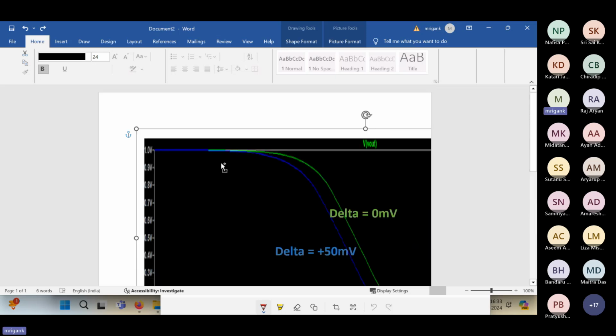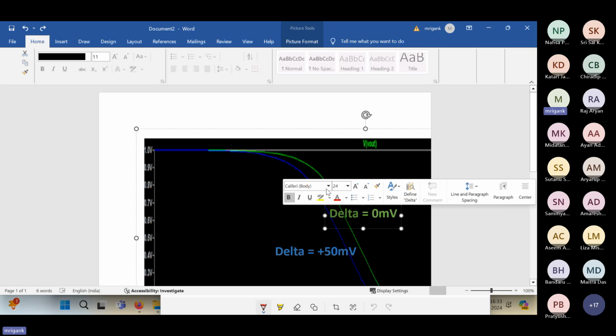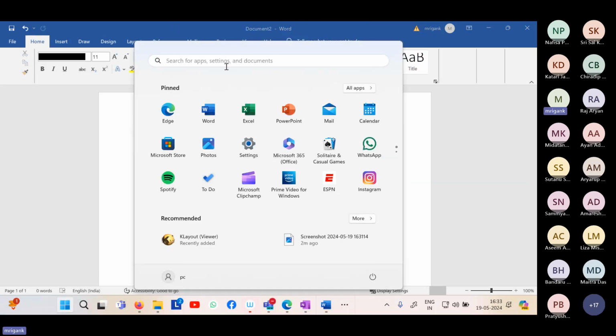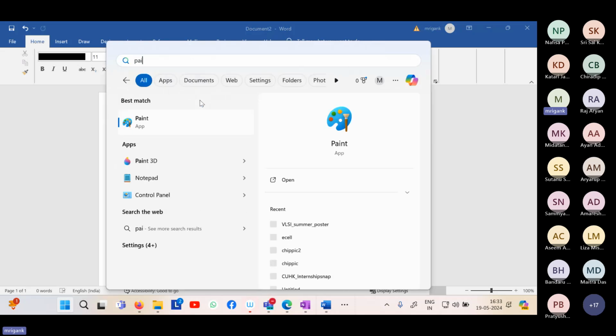Or another, because here there is some formatting issue because it is taking the text as it is. So first you need to convert it into the picture or JPEG. So one option is that you save it as the JPEG image, or a shorter option is that you go to Paint.